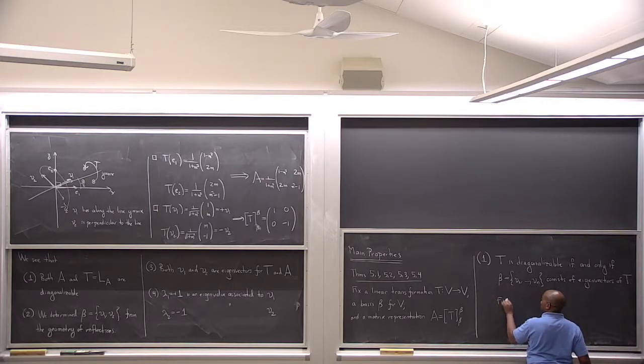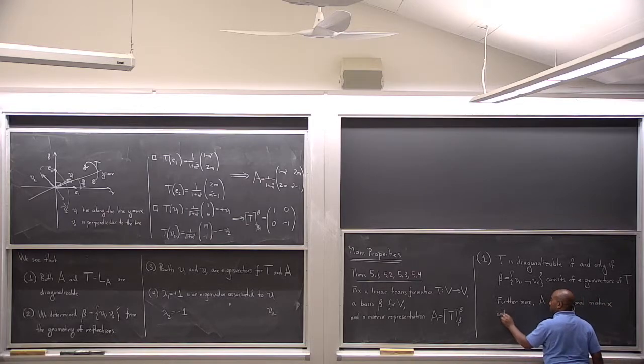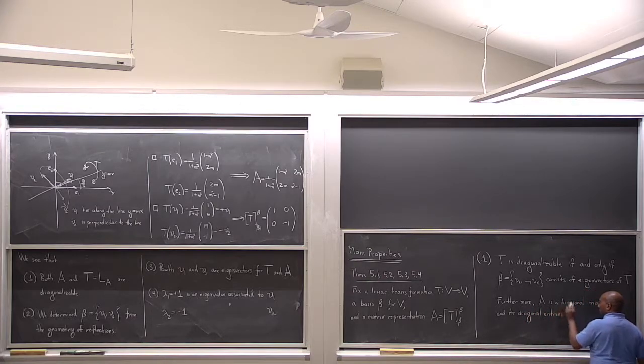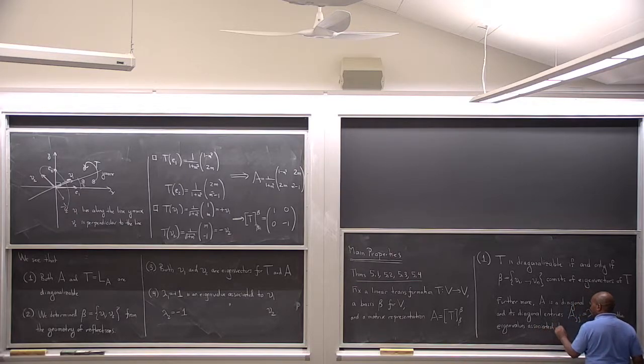Furthermore, this matrix A is a diagonal matrix and the diagonal entries, let's write them as A, J, J. These here are the eigenvalues associated to each eigenvector Vj.